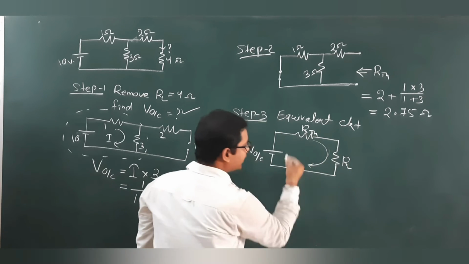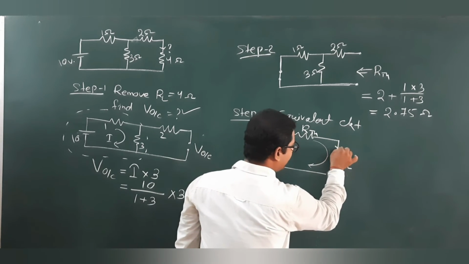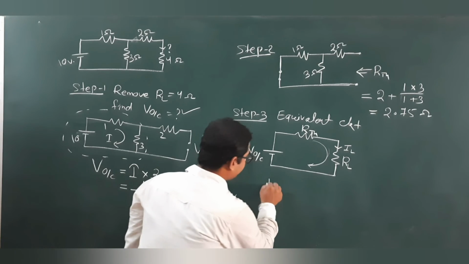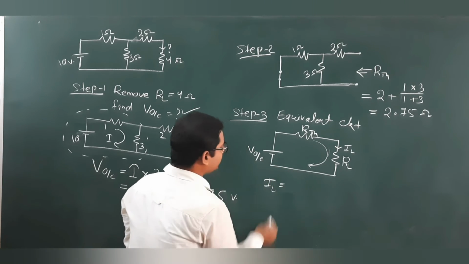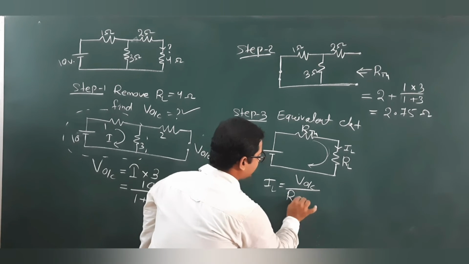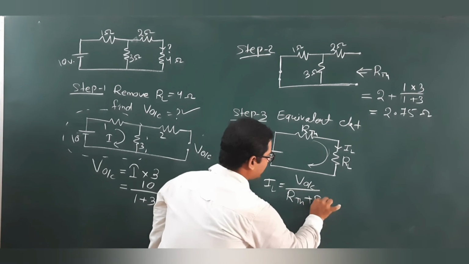The current through your RL, I am taking as IL. So IL will be VOC upon RTH plus RL.